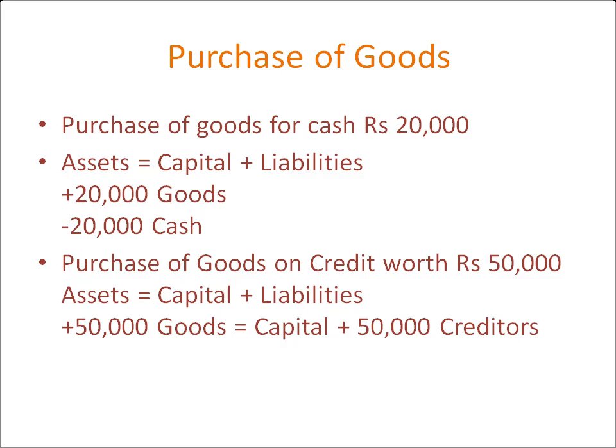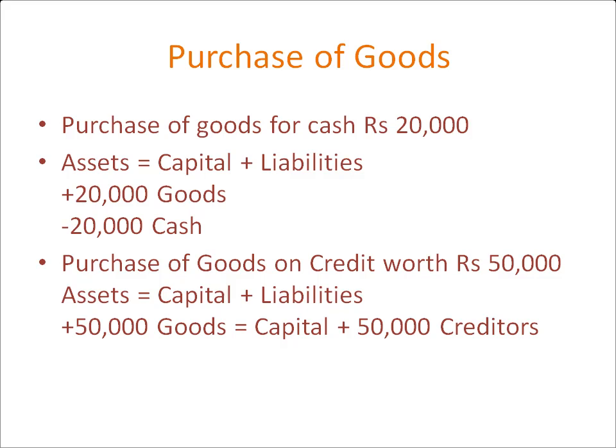That means cash is decreased by rupees 20,000. That's why this transaction affects the asset side only: an increase in goods by 20,000 and a decrease in cash by rupees 20,000. Others remain the same.